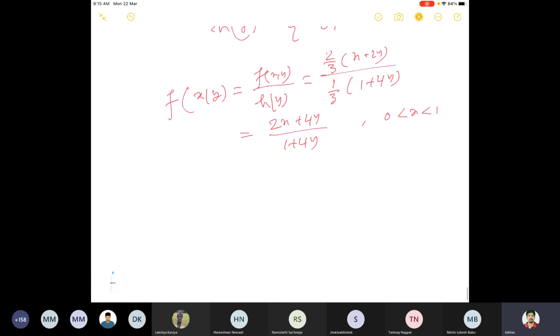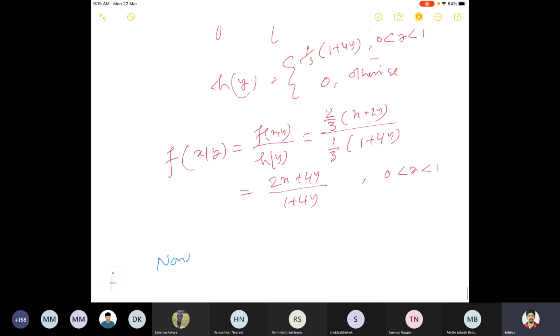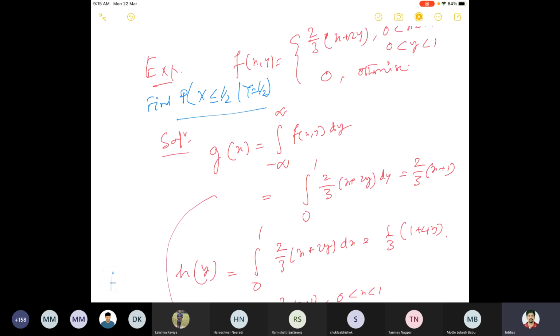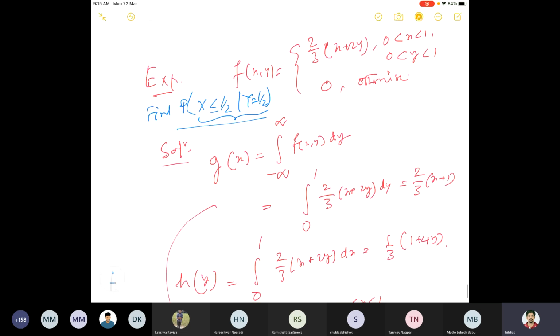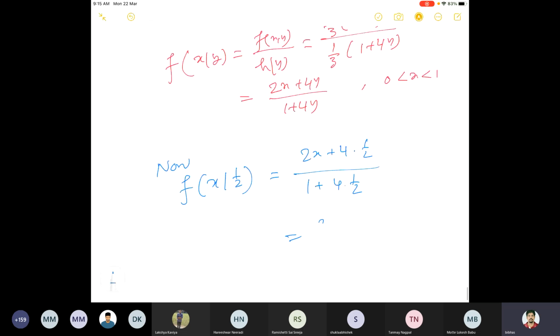Once I find out this f(x,y), suppose here y is given to me as half. I want to first find out the probability distribution of this random variable. So I can say f(x given half), because this value is given to me. This will be (2x + 4 times half) divided by (1 + 4 times half), which is equal to (2x + 2)/3.